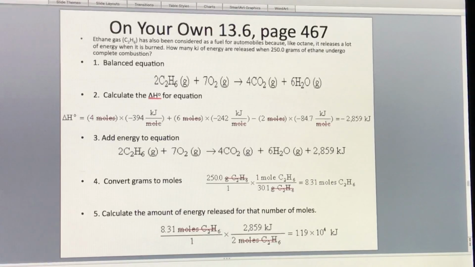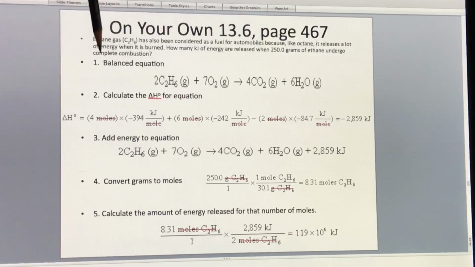So here comes our question. Ethane gas, C2H6, has also been considered as a fuel for automobiles because, like octane, it releases a lot of energy when it's burned. How many kilojoules of energy are released when 250 grams of ethane undergo complete combustion?